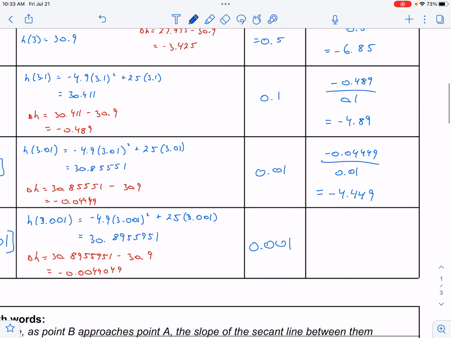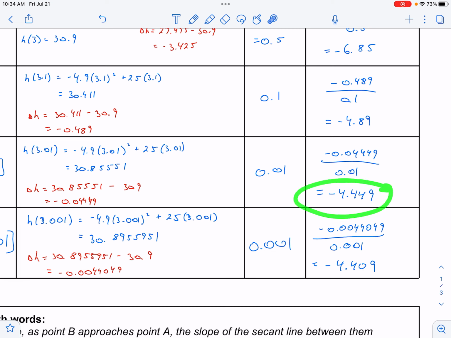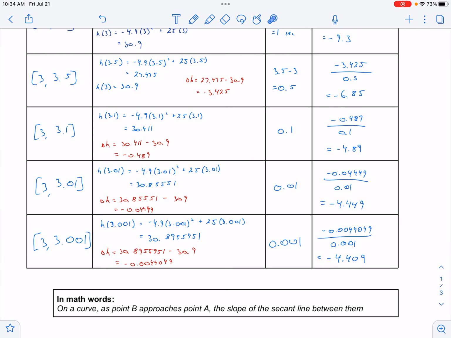And then our new fraction, negative 0.0044049 over 0.001, is negative 4.4049. Notice how much closer we are getting. It's looking like the first number is definitely going to be a negative 4. The second number is definitely going to be a 0.4. And then we're working our way there.